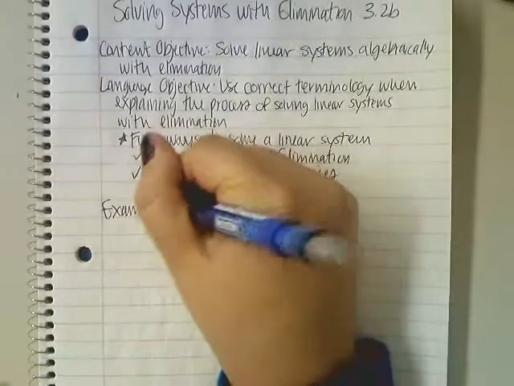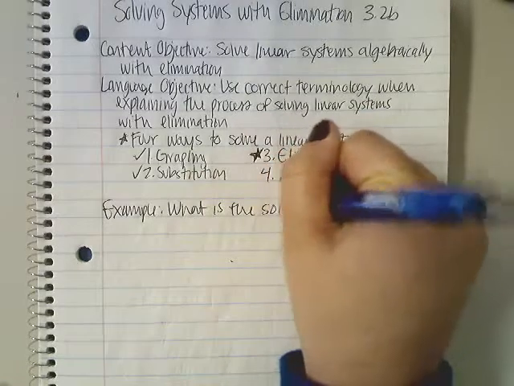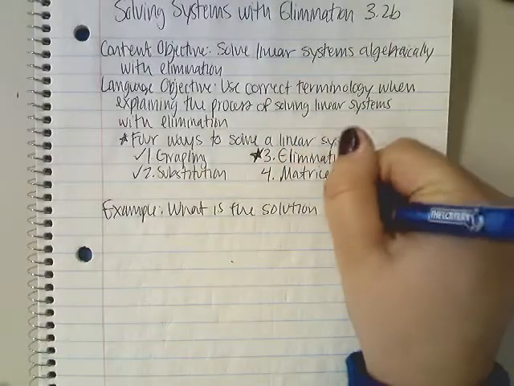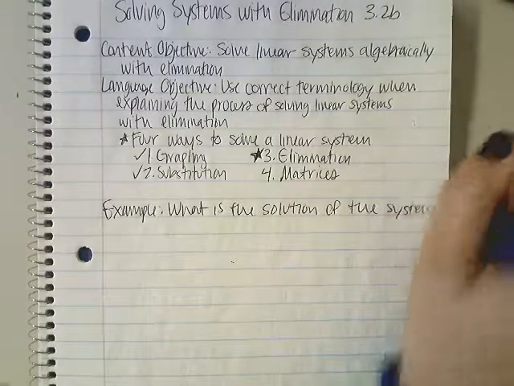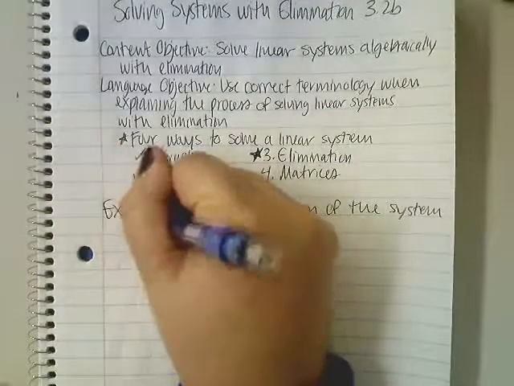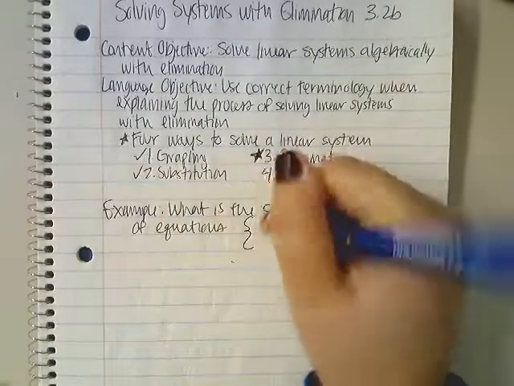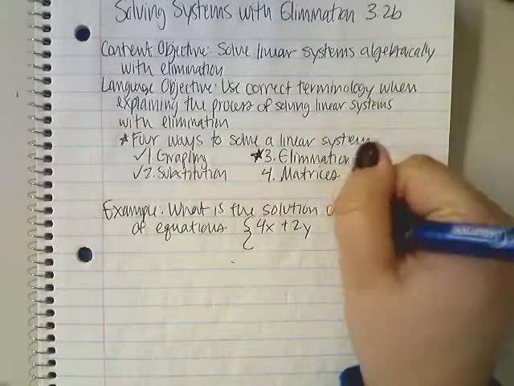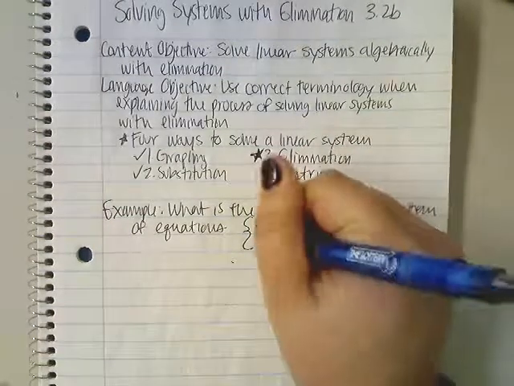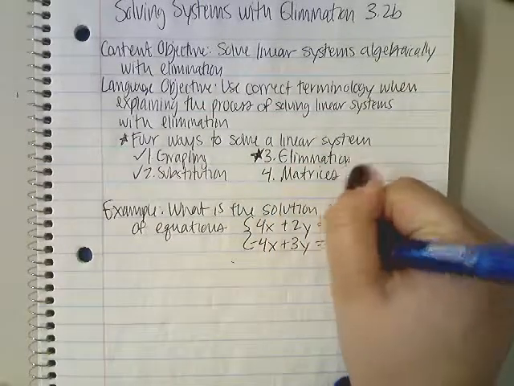I want us to figure out what is the solution of the system of equations 4x plus 2y equals 9 and negative 4x plus 3y equals 16.